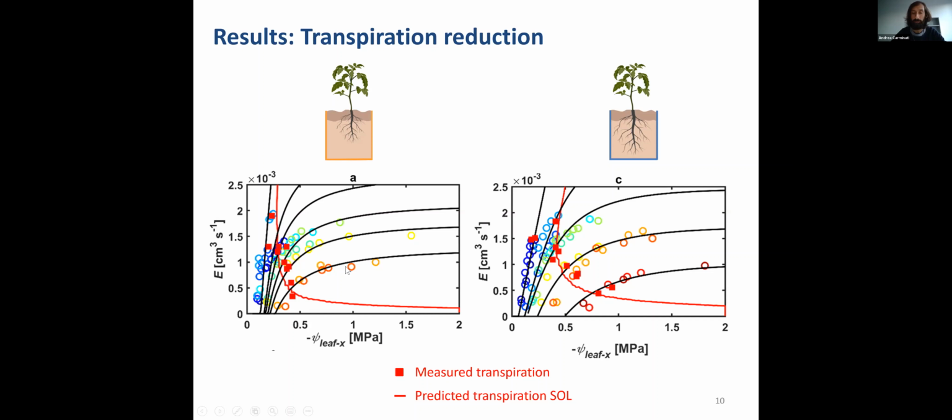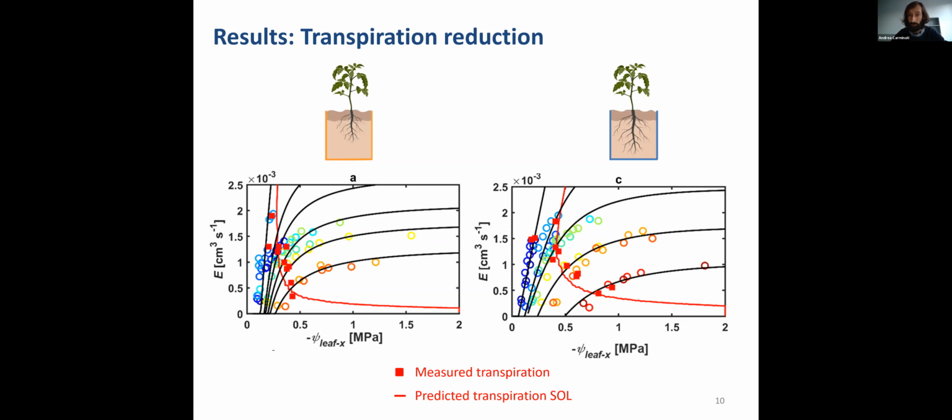These are the simulations that we ran to fit the open circles. And so fitting the hydraulic space, we expect this red line, this stomata closure, the red line indicated here. And you see that the measurements match pretty well with the model in both the short and the long root system.